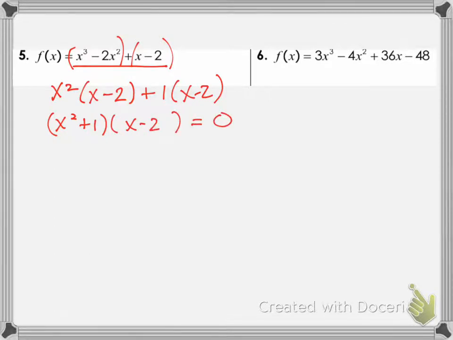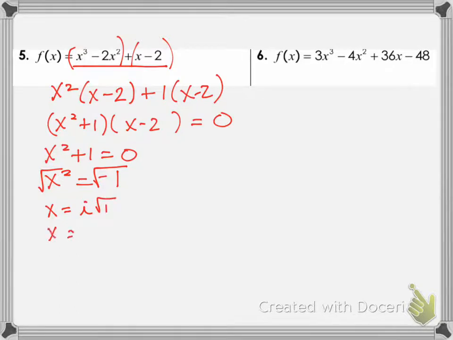And you get, okay, right here, x squared plus 1 equals 0 gives me a negative on the right side. x squared equals negative 1. So x, take the square root of both sides, equals i square root of 1, or square root of 1 is 1, so it's just i.